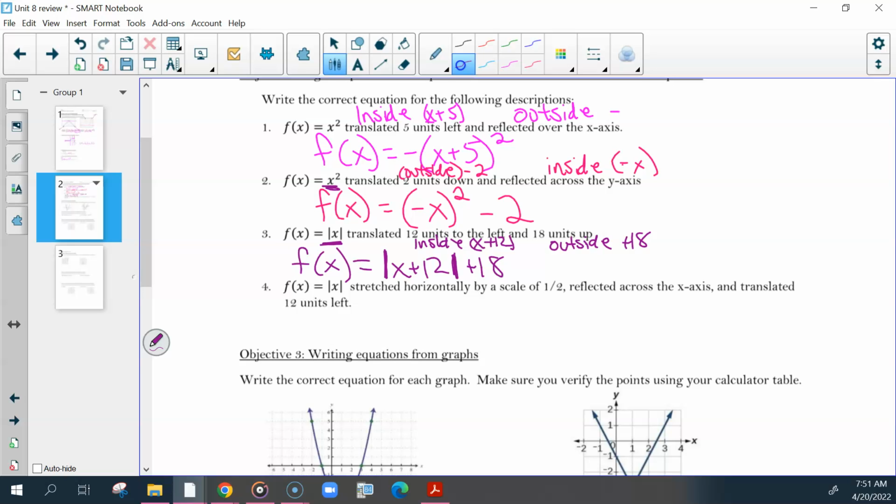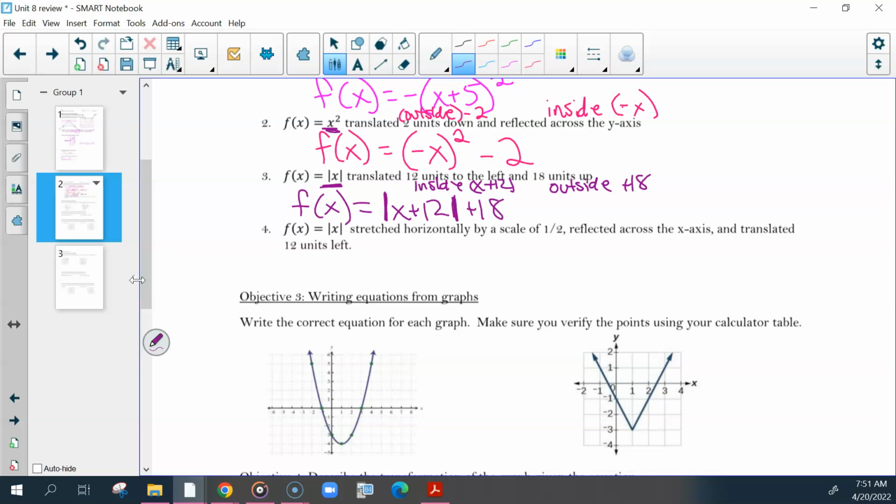And then for this last one, we're using absolute value again. This is now being compressed vertically by a scale of 1/2.